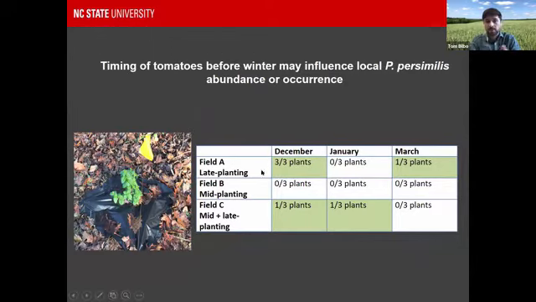And it seems like from the early results that the later those tomatoes are there, and hence the spider mites and the Persimilis, the more likely they are to still be in that localized area. That's what we had found from some work last winter. So basically, they haven't had a chance to disperse away yet, because once they go through fields and they eliminate spider mites, they need to find more spider mites.